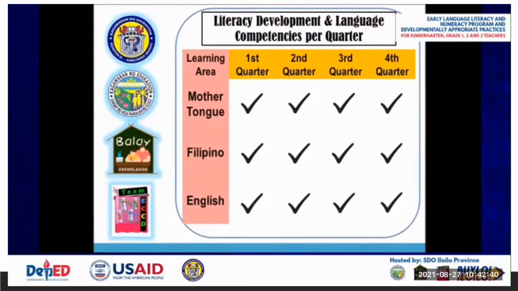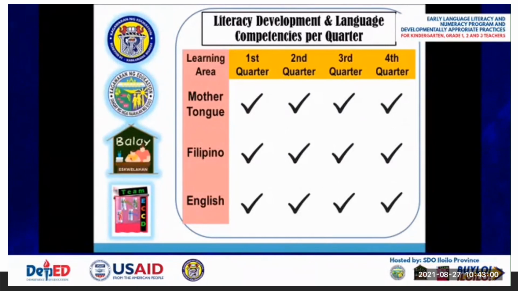The table shows the literacy development and language competencies per quarter. As you can see, we are using these three languages, the mother tongue, Filipino, and English, from first quarter to fourth quarter.